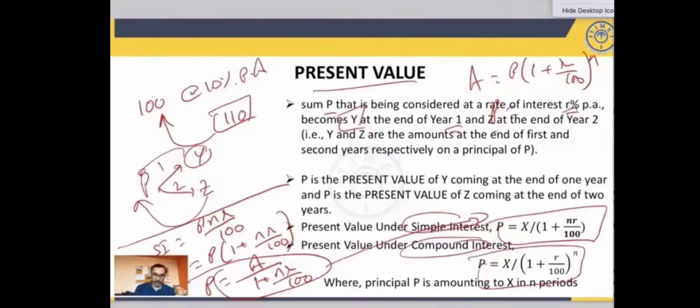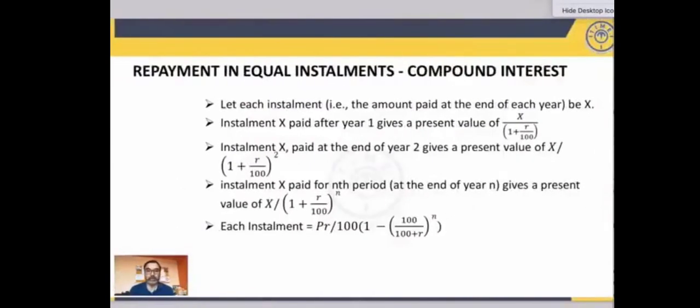Okay, now let us look at one more concept called installments. What exactly does installment mean? Let us see an example. Let us say you buy a refrigerator today, and you may not have the entire money to pay. The refrigerator costs, let us say, 1,50,000.